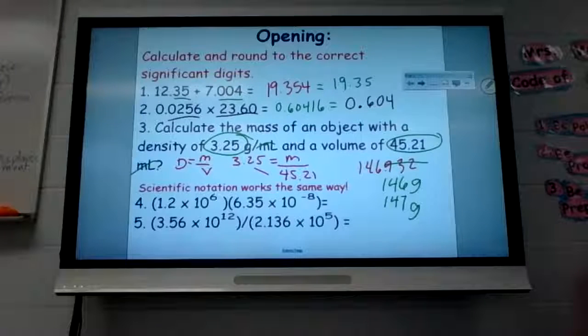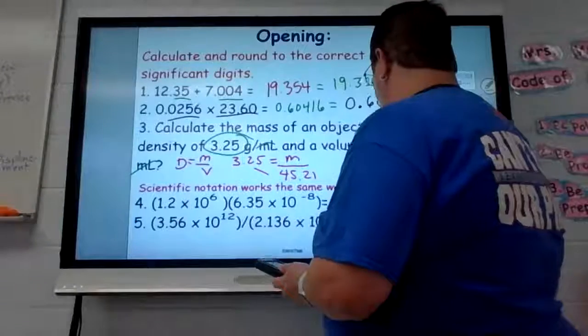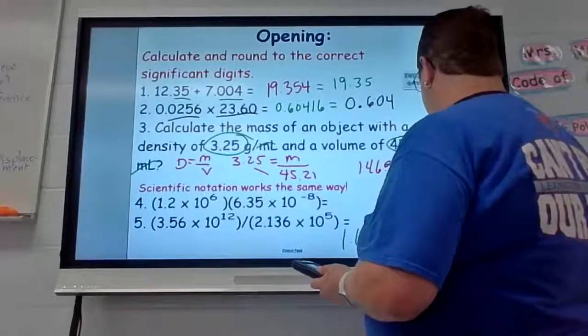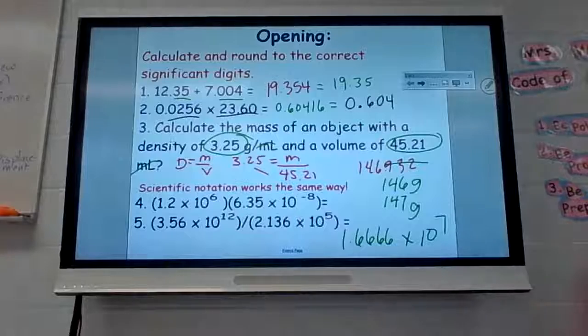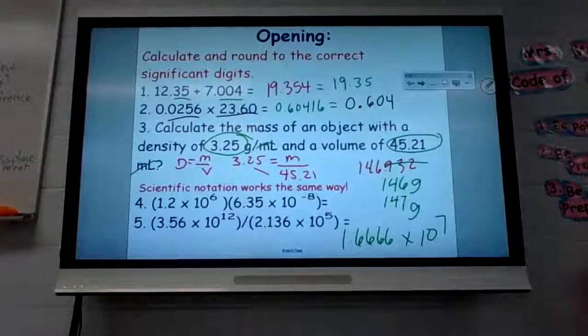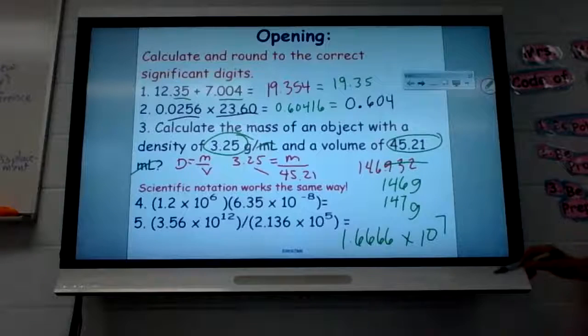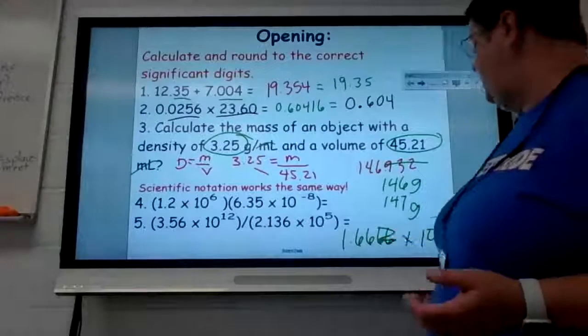Divide 2.136, second EE 5, by 1.66, and that's repeating for quite some time, times 10 to the 7th. All right, so again, since it's division, we're still using significant digits. What's my least number? 3. So I'm just getting rid of that and keeping 3 significant digits.